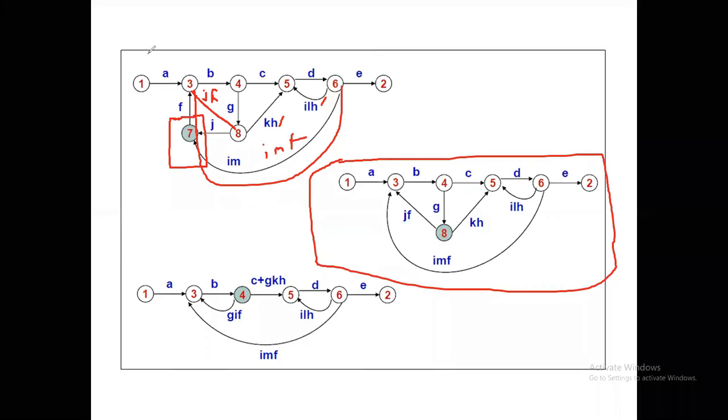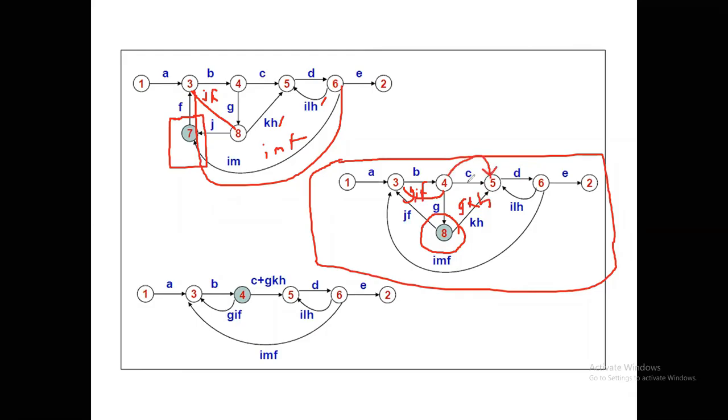Okay, in the next iteration we are going to select node 8. Apply the same algorithm. We get the input from 4, so for 4 to 3 it is like this, G, J, F. And G, K, H. Now these are the parallel loops.